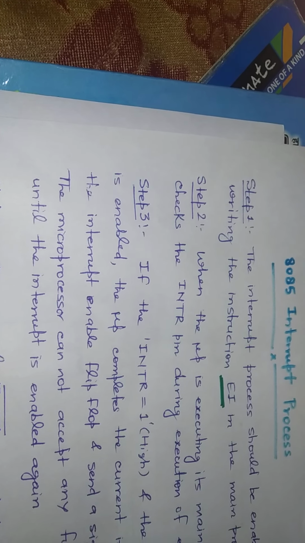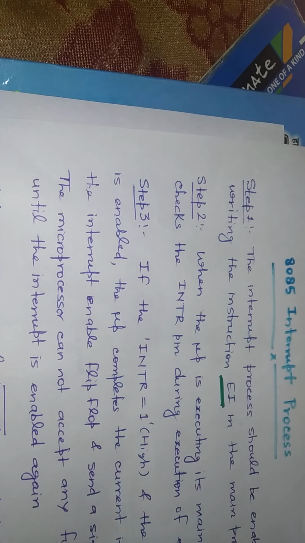Step 5 is when the MPU receives an RST instruction for transferring of the program control, it saves the memory address of the next instruction on the stack pointer using push instruction. What is the use of push instruction? Push instruction stores the address of the next instruction on the stack pointer.